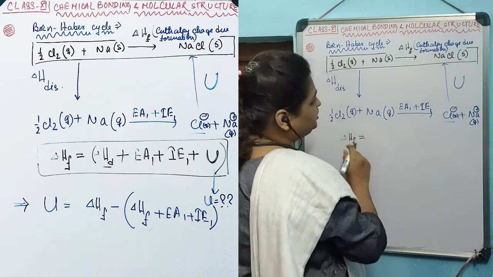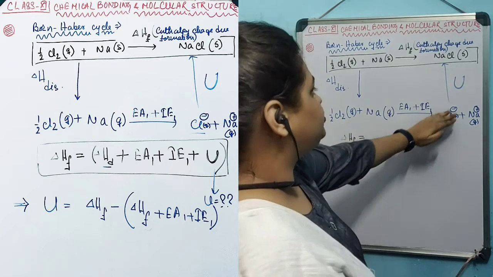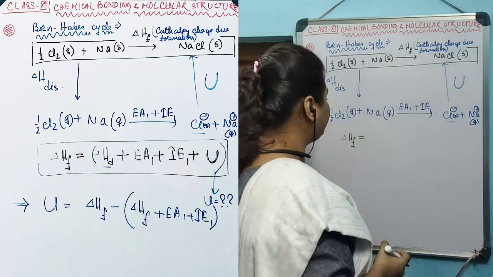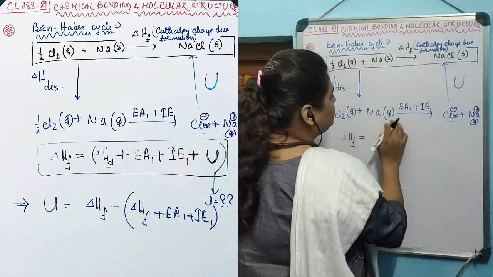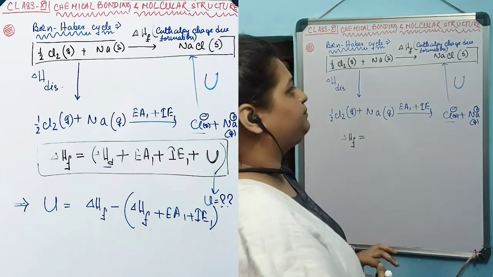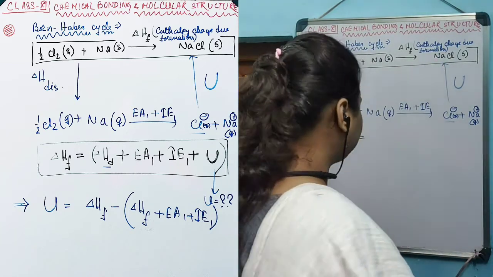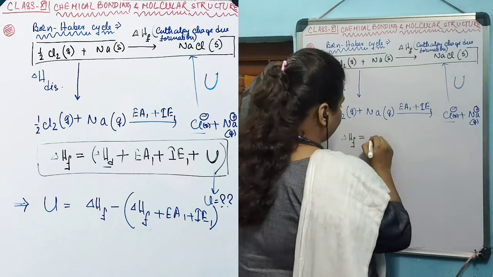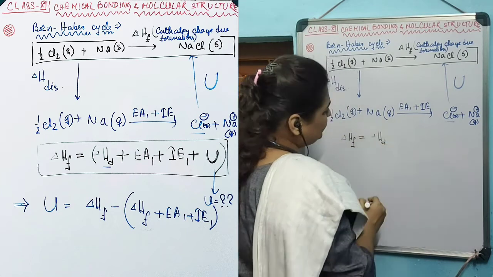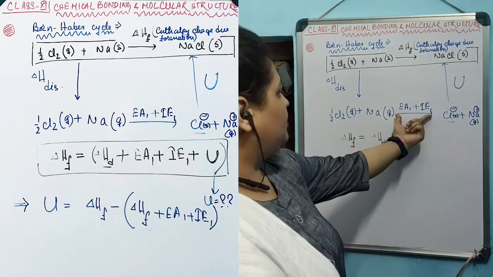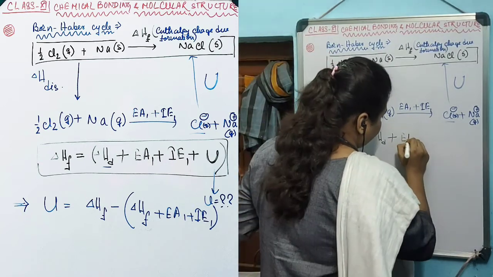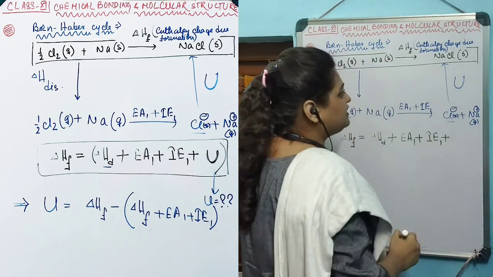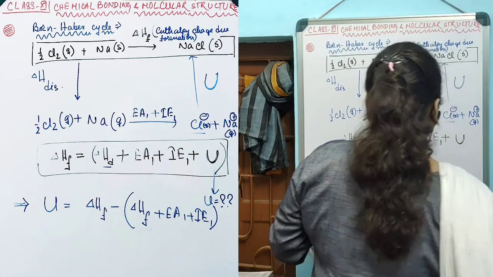This will be equal to all the energy associated with all the steps that we have done in the second pathway, where we have done multiple steps, 1, 2, 3, 4, to produce the NaCl crystal. In the multiple steps, dissociation energy delta Hd is given in one step. In another step, two energies are associated: electron gain enthalpy and ionization enthalpy. In the last step, lattice enthalpy is associated.